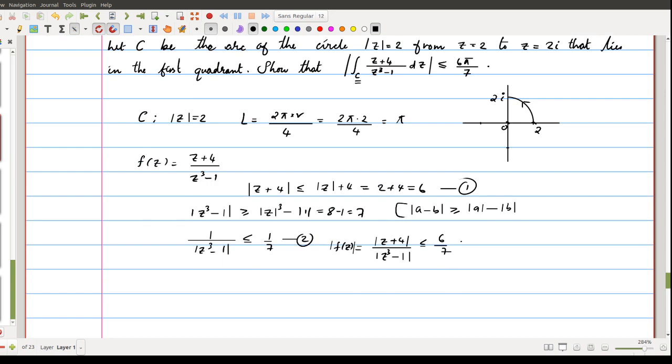Using these two quantities, this can be taken as M, and this can be taken as L. Now the modulus of the integral over C of z plus 4 divided by z cube minus 1 dz is always less than or equal to M times L. Here M is 6 by 7 and L is pi. So this proves this problem.